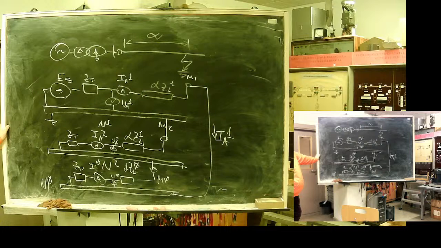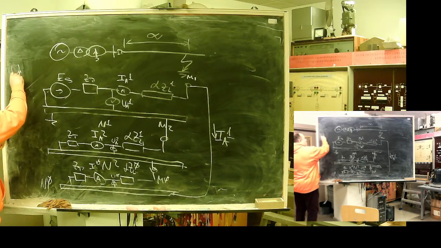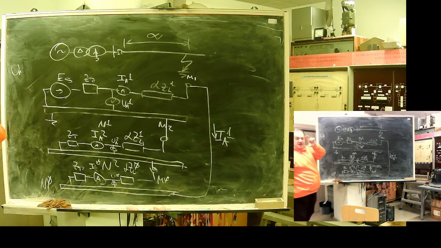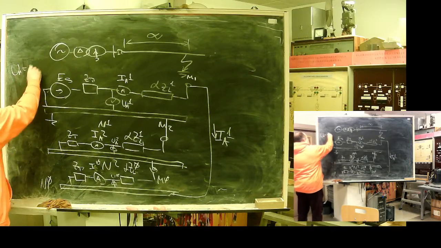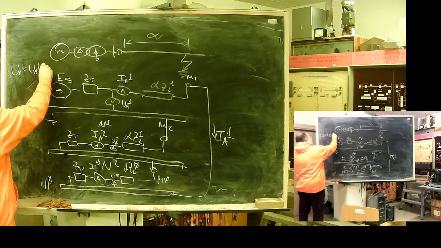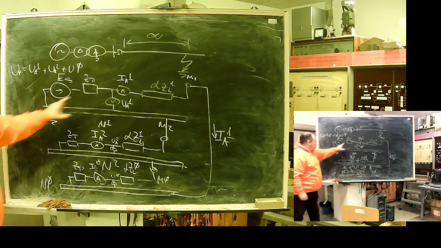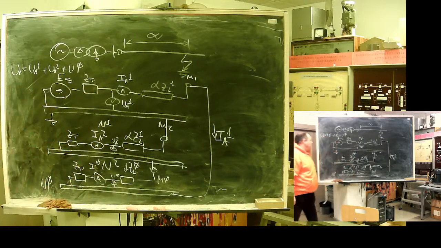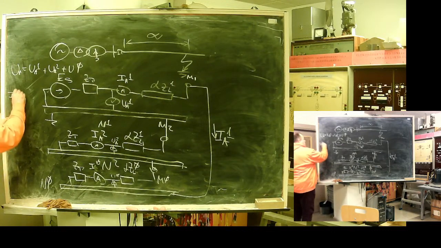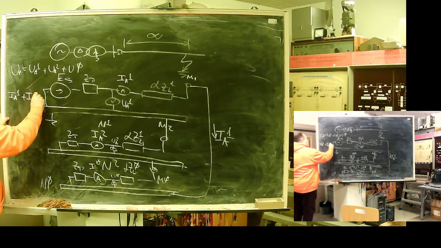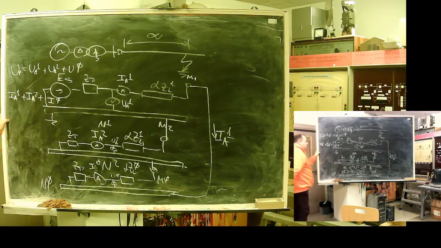Here is my schematic. The voltage the relay observes as a phase voltage will be UA direct sequence plus UA negative sequence plus U0. Current, phase current, will be IA direct plus IA negative plus I0.